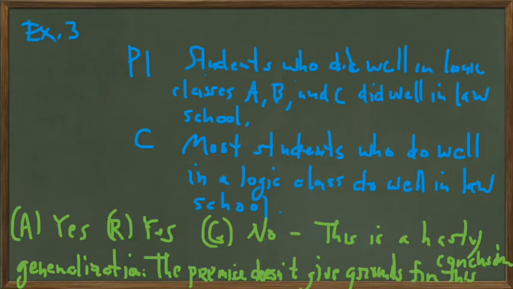But this argument, as stated, is a weak inductive argument because there is not enough information to probably make the conclusion that is being made. When we say probably, it's not enough information to know with any high degree of probability, certainly not anywhere near 50%, that this conclusion could be drawn.